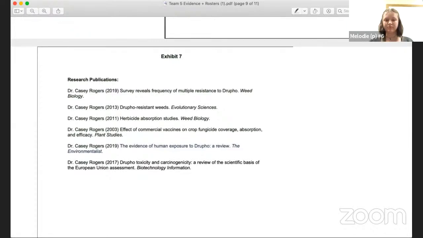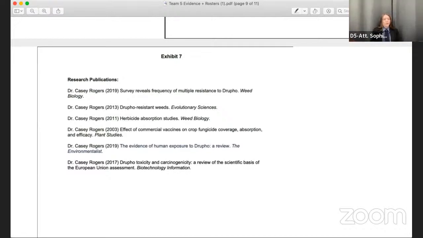Is this a fair and accurate description of your publications? Yes. Is the creation of a curriculum vitae part of your regularly conducted business? Yes. Your Honor, permission to move Exhibit 7 into evidence? Any objection? No, Your Honor. It's admitted. Permission to publish to the jury? Granted.